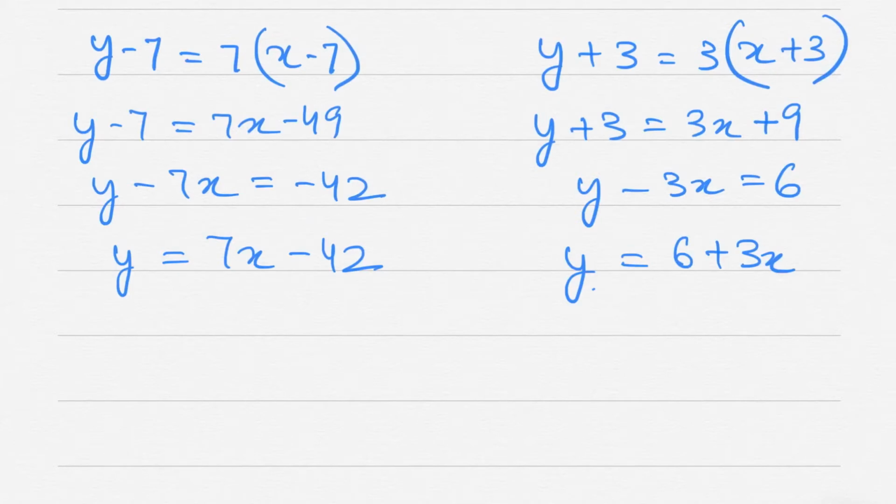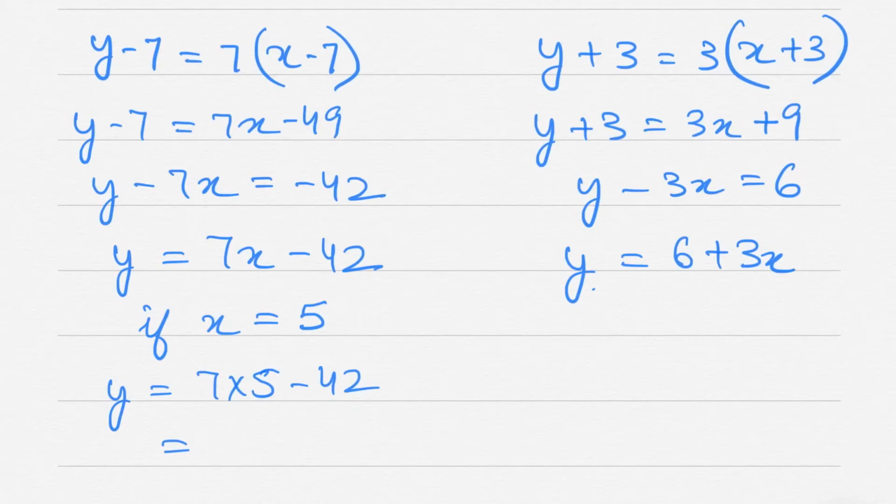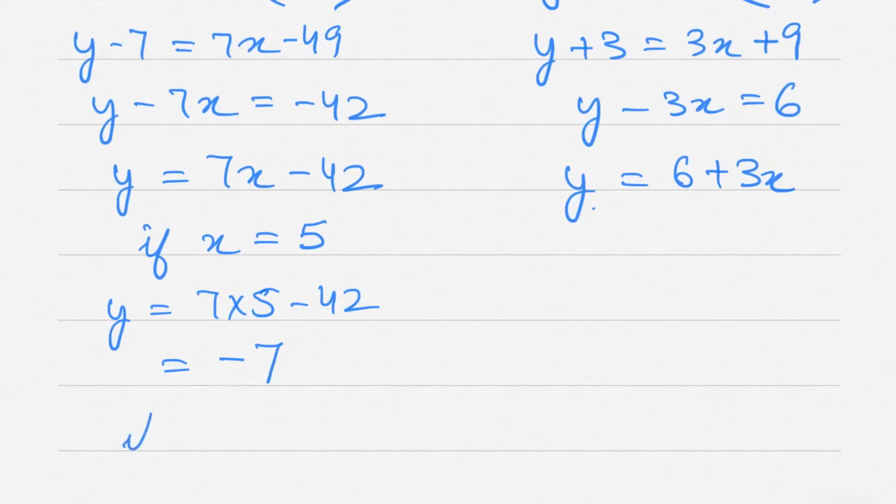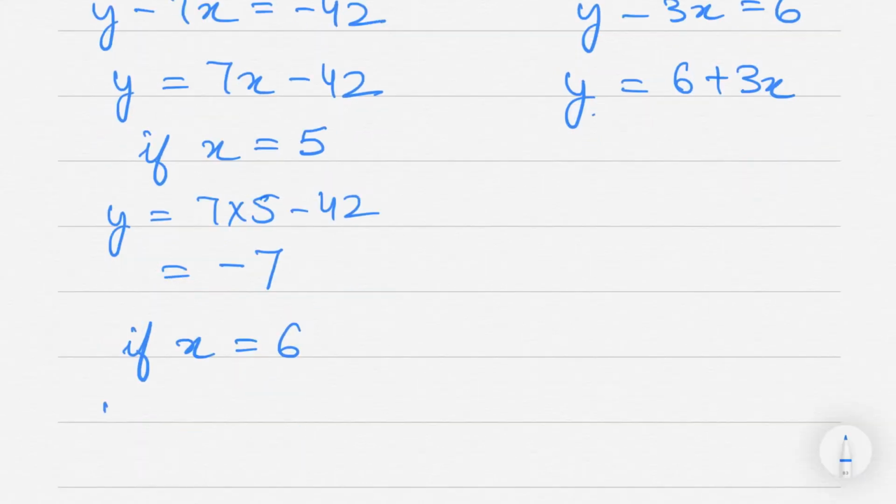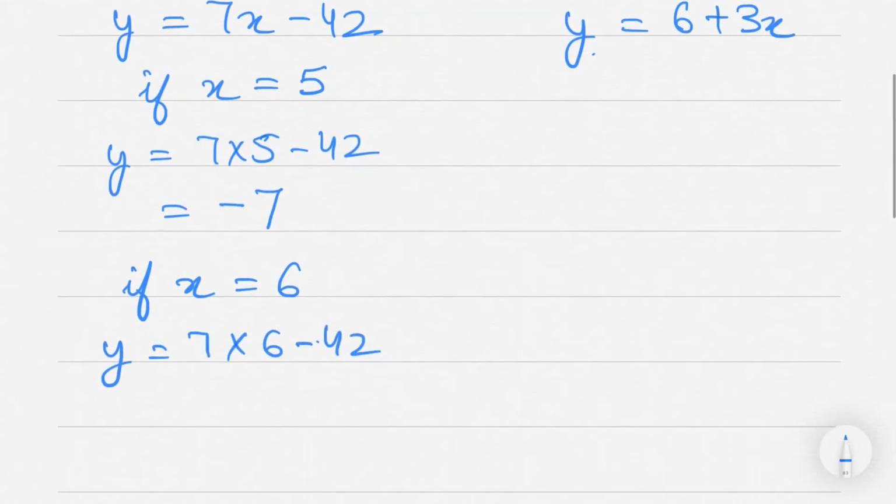So if my x is equal to 5, then y would be equal to 7 into 5 minus 42, which gives me 35 minus 42, that is minus 7. Now suppose I take x is equal to 6, then y would be equal to 7 into 6 minus 42, so y will be equal to 0.